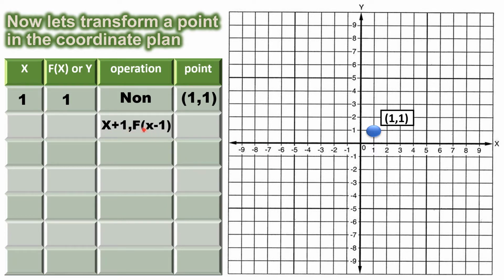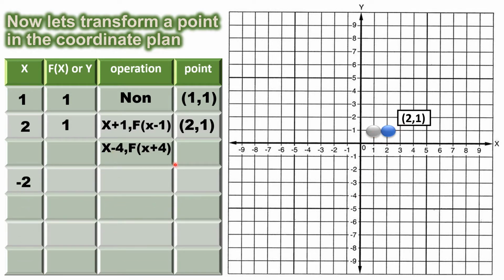But remember, f of x minus 1, as x is known, we make the inverse of what we do actually to the point x. So x will be 2, and y will remain the same, nothing happened to the y. The point will be 2 and 1. The point previously was here, now the point is here.